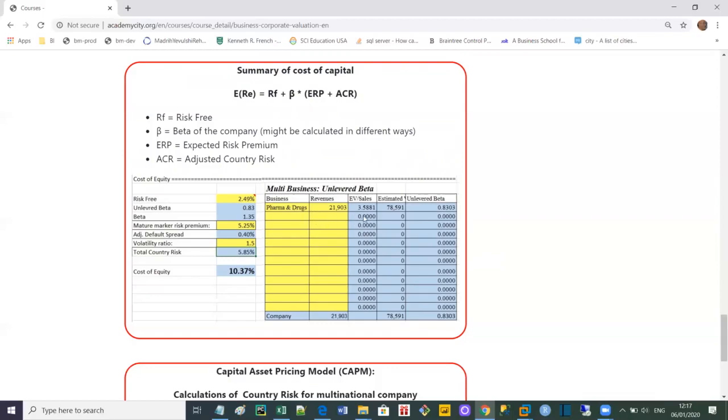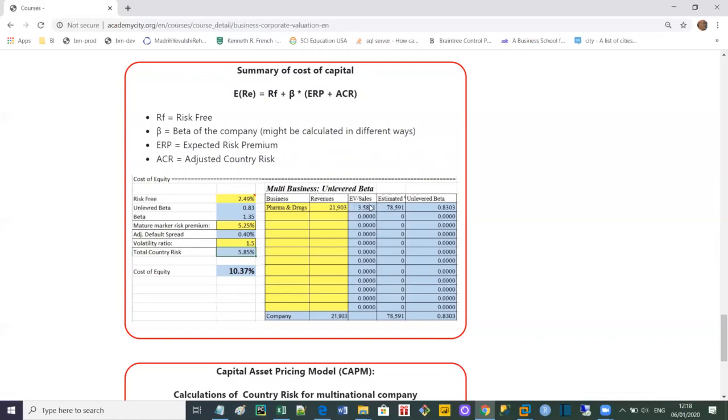In other words, in this example, I have only one industry I'm operating in, pharmacy and drugs. The total revenue is such and such. But I'm trying to find the market value of this segment that is making such an amount of revenue. I'm providing you with those numbers, and I won't get too much into how you find them.